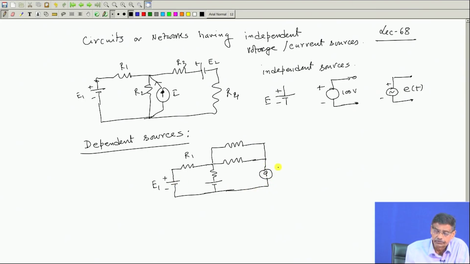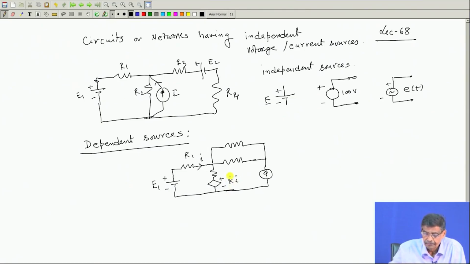These are independent sources, but I may say that for the current in this branch, whatever the magnitude, whenever it flows, there will appear a voltage in this branch with this polarity, the value of which is k into I. K is a known constant, maybe 2.